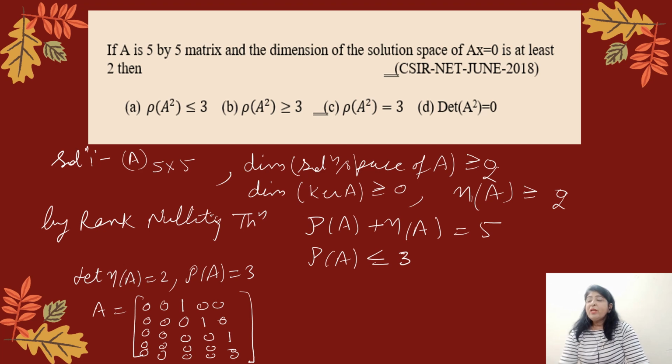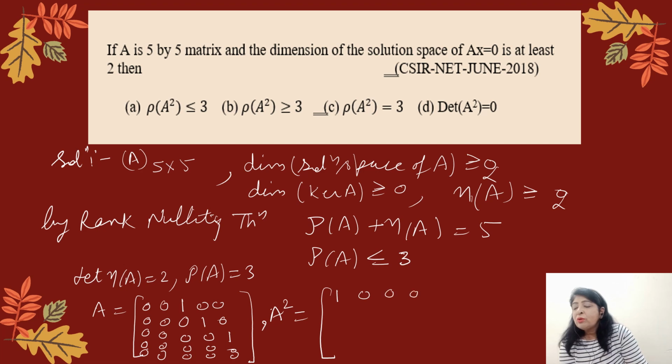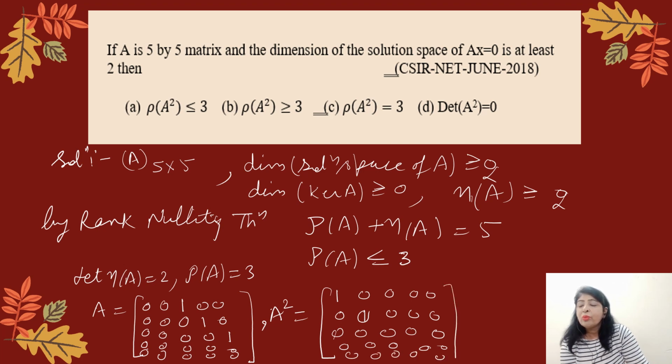Now this is our A. We have to discuss A square. So what will be A square? When you multiply these two matrices, you will get the matrix with a 1 and all the other entries 0. Clear?